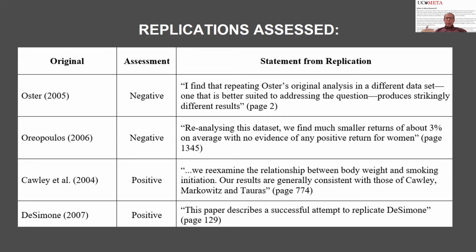We decided to do that as opposed to giving our own assessment because, well, first of all, that would be subjective if we did the latter. We also really care about the perception people have of the replication study. And my guess is the author of the replication study can best control that perception by the spin they put on their results. And so basically, that was our strategy, to take the author's own assessment as whether or not the replication study confirmed or disconfirmed the original study.